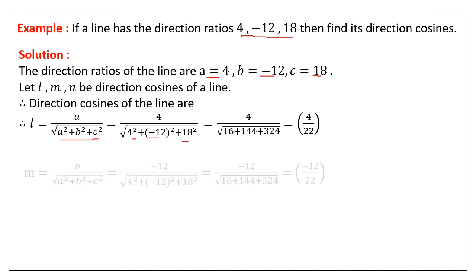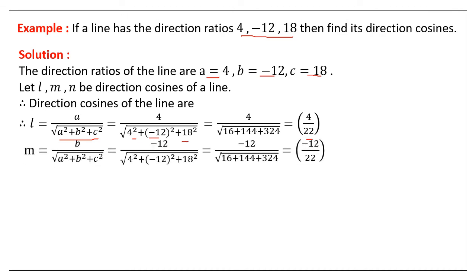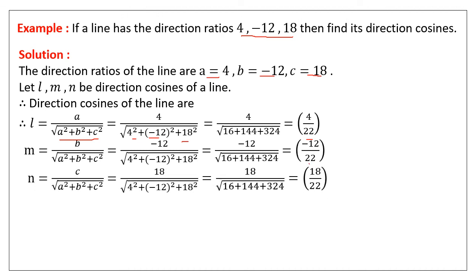which gives us 4/22. Similarly, we will get M as B/√(A² + B² + C²). After substituting, we will get M = -12/22 and N as C/√(A² + B² + C²) gives us 18/22.